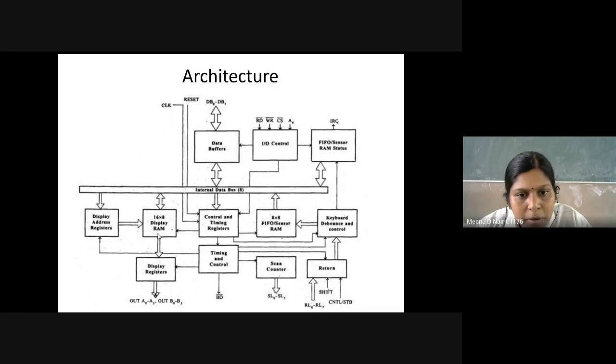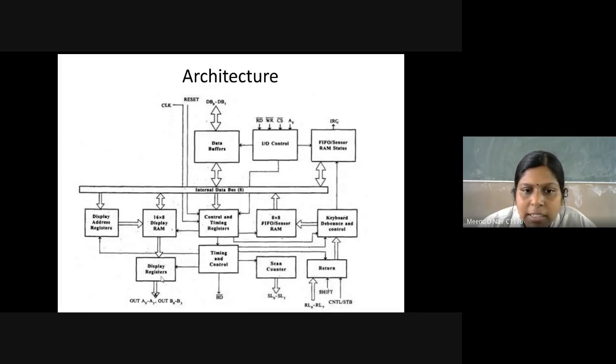So the keyboard display RAM, whatever is given by the CPU, either a read instruction or a write instruction, is displayed through the register. If you connect display devices, you can see which key has been pressed through the keyboard, and it is displayed through the display registers.